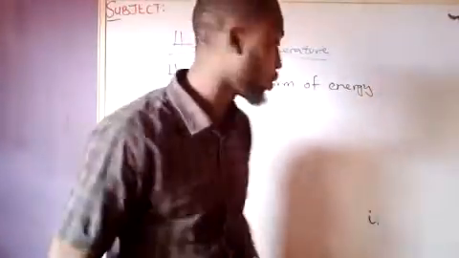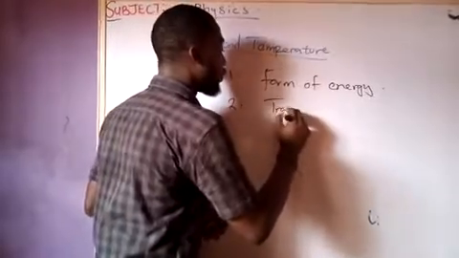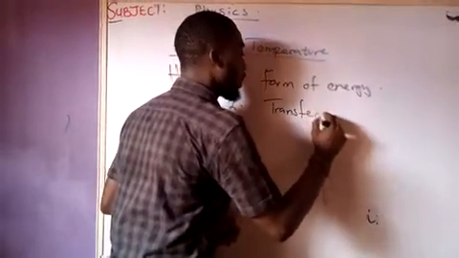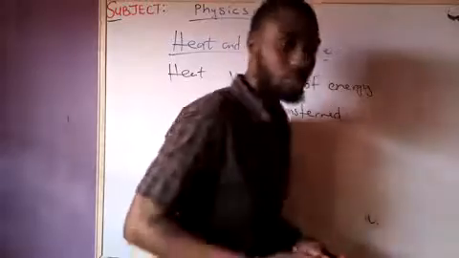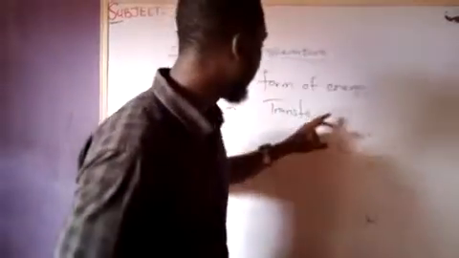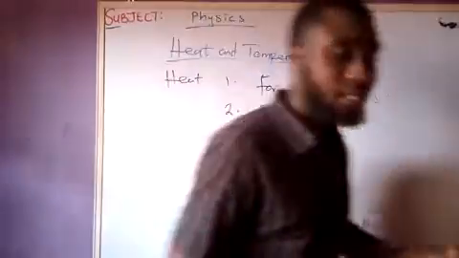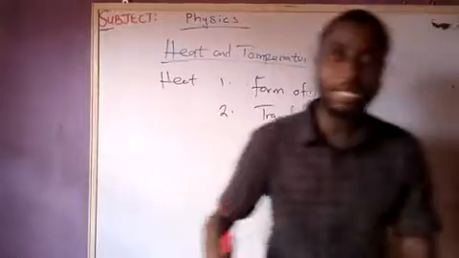Now, the second thing you must understand about heat is that heat can be transferred. Which implies that heat is a form of energy that can be transferred. The word transferred means there must be a starting point and an end point.